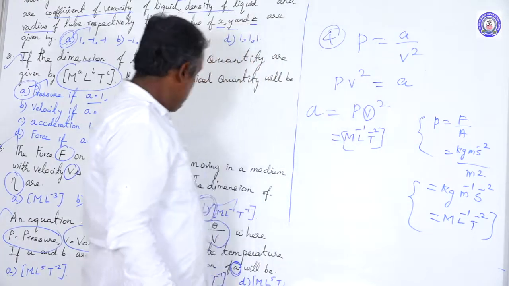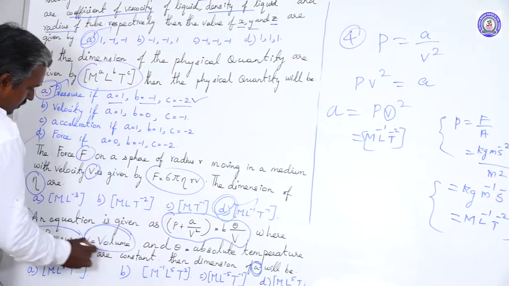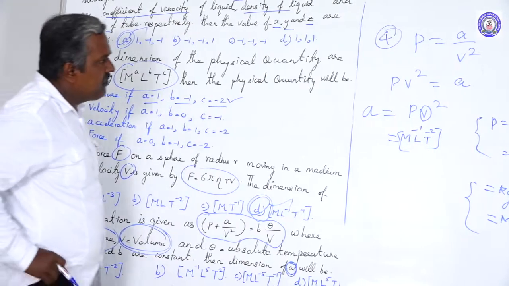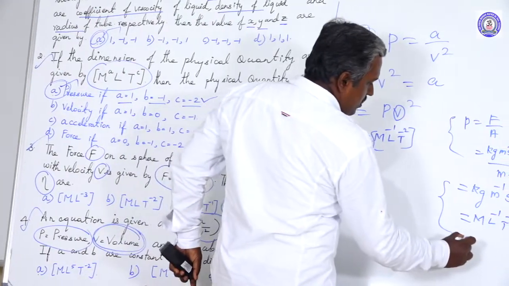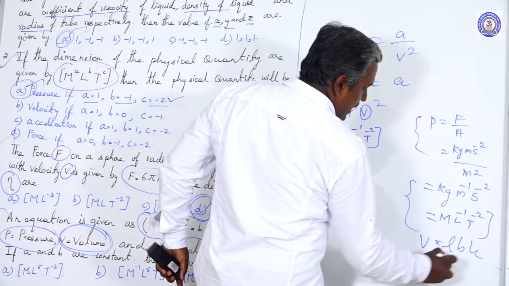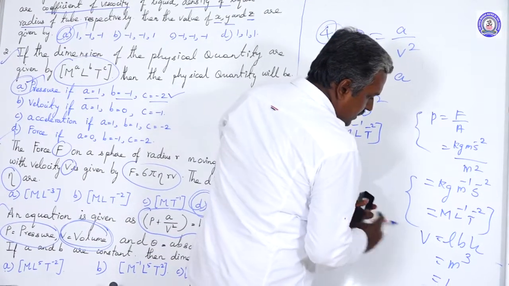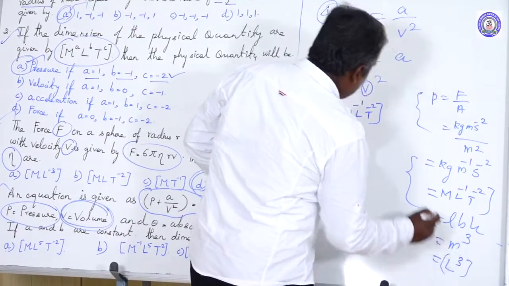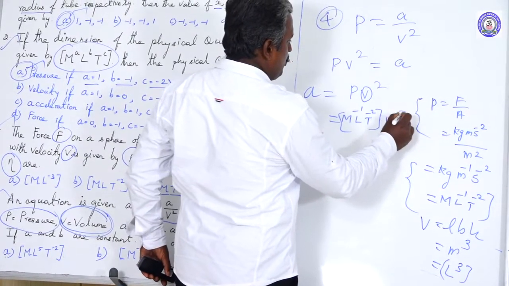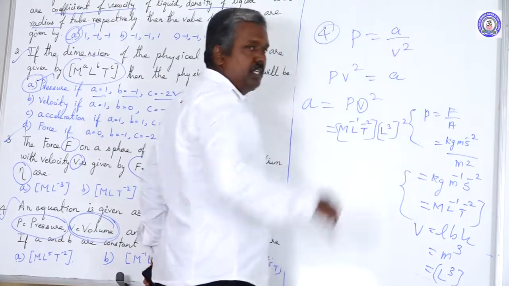What is meant by V? Volume. Volume means length into breadth into height. Unit for this, meter cube. Dimensional formula, L cube. Therefore, L cube whole power 2. Clear?